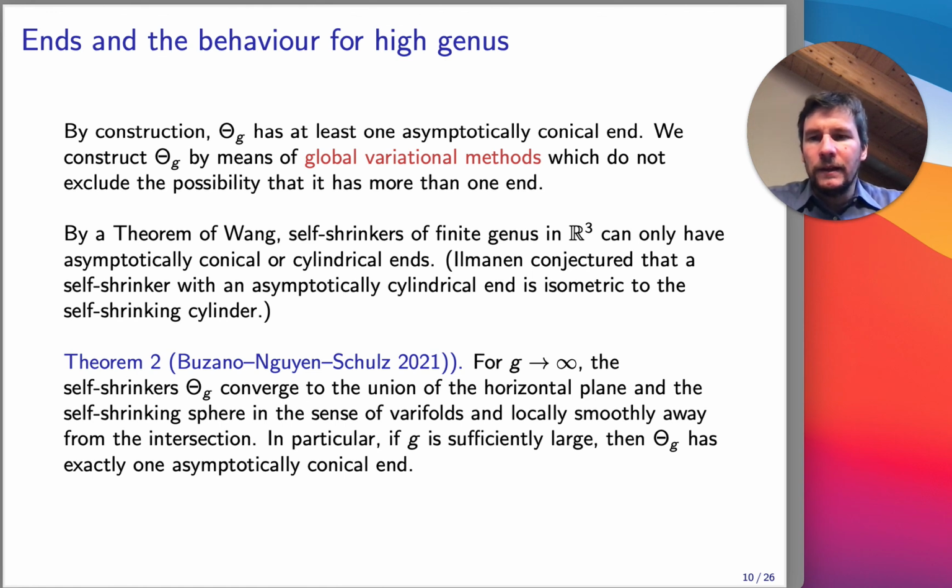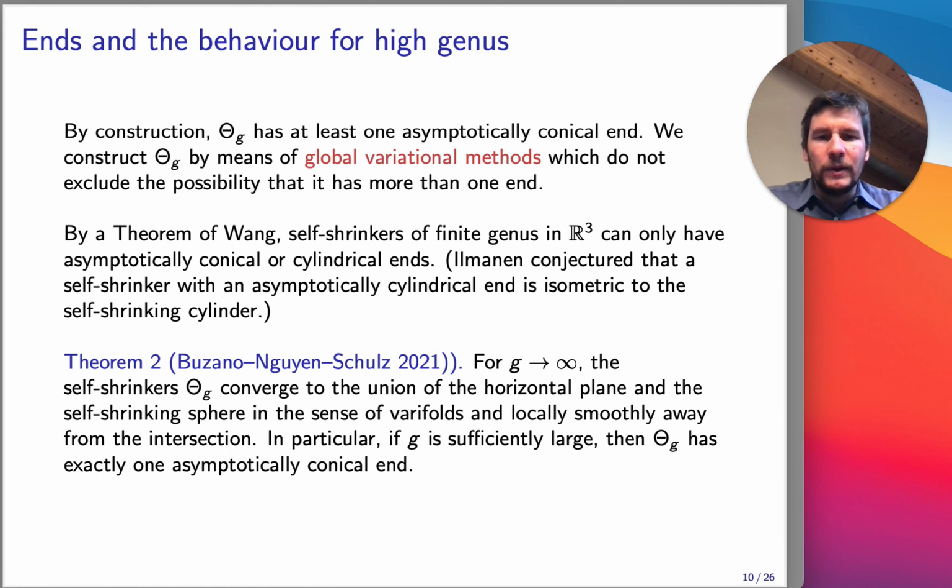Okay, so in the second theorem, we study what happens if we let the genus go to infinity. In that case, our self-shrinkers converge, and I will say in a second how this convergence works. They converge to the intersection of a horizontal plane and a self-shrinking sphere, so a sphere of radius 2.